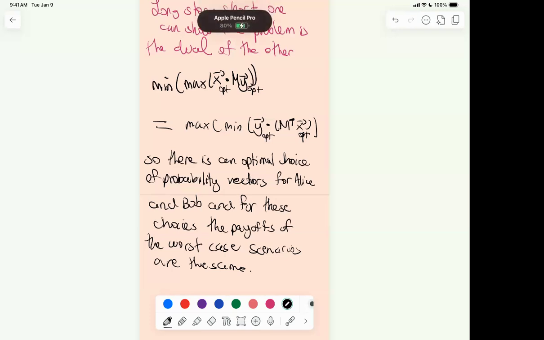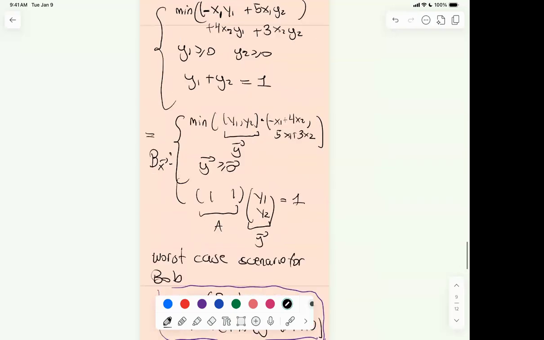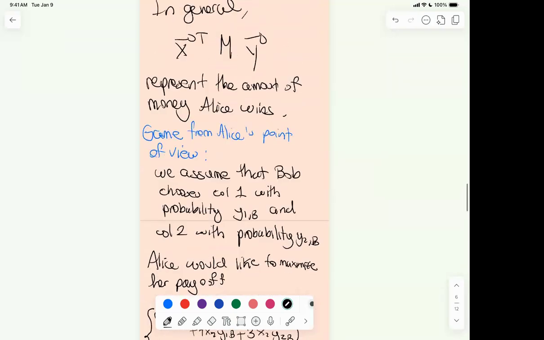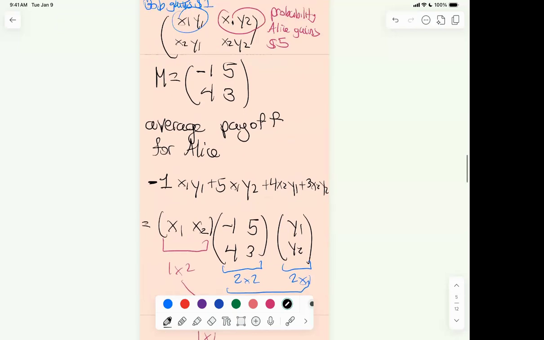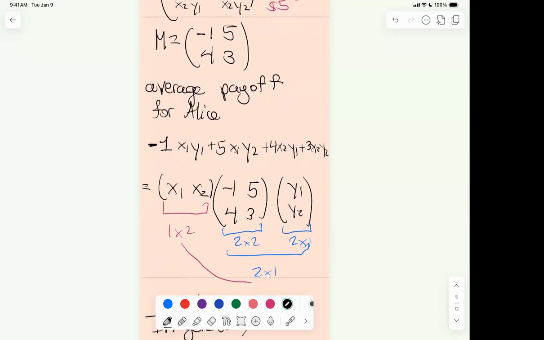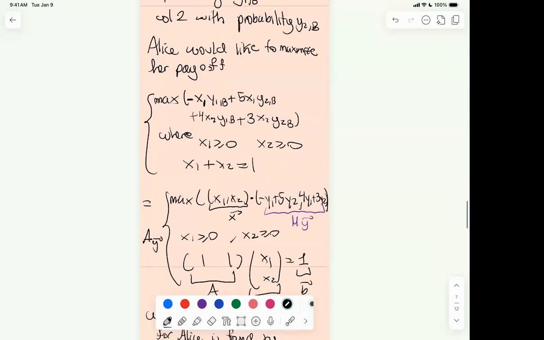To keep it simple, what I would do for the exam is give you a matrix like this, and ask: if Bob plays a game with probabilities y1 and y2, for example, what is the optimization problem that Alice would try to solve? You would end up writing something like this.